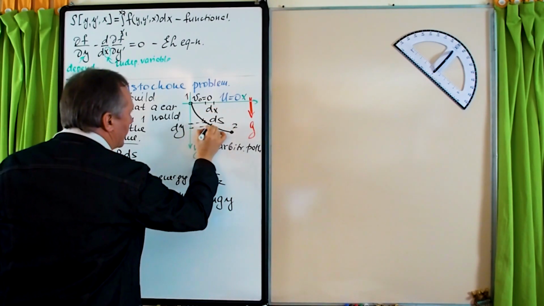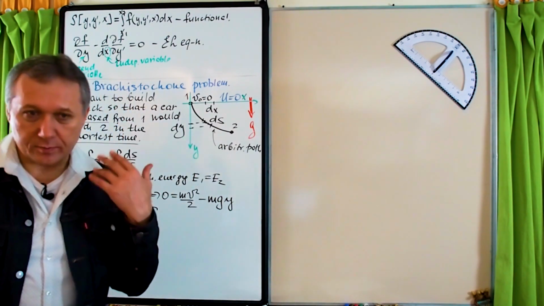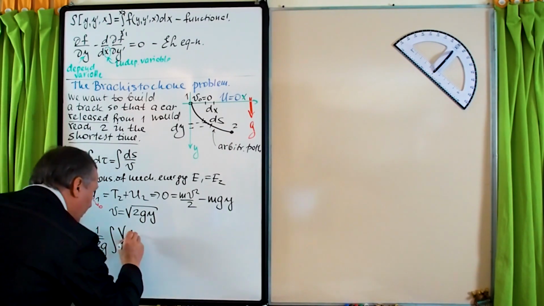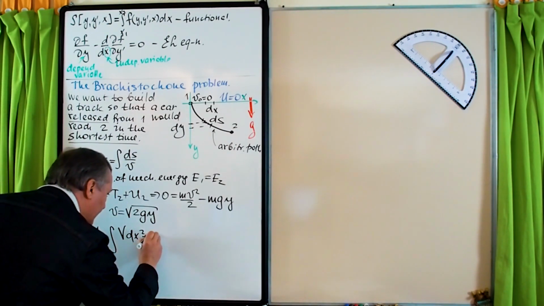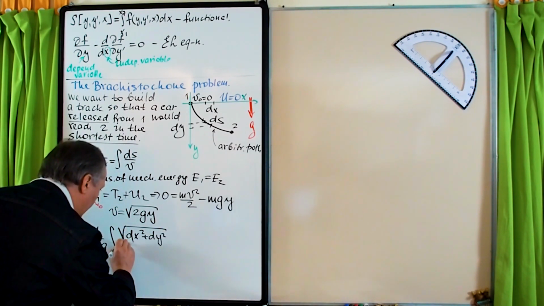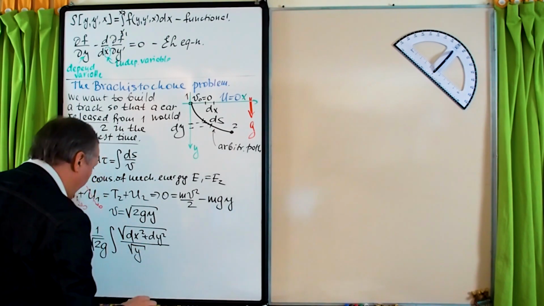And like in the previous example when we discussed minimization of the distance between 2 points in a plane. So dx squared plus dy squared, right, and divided by the square root of y.